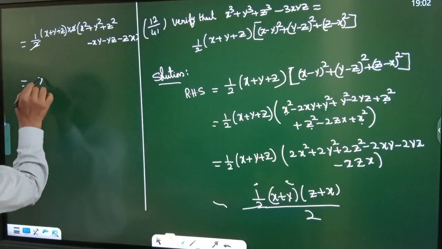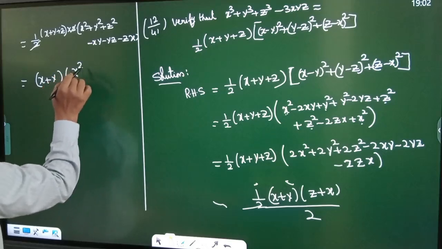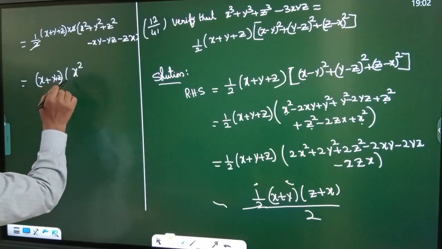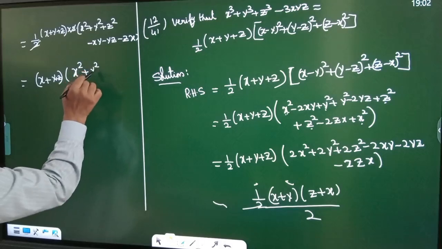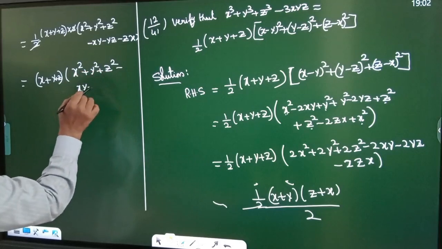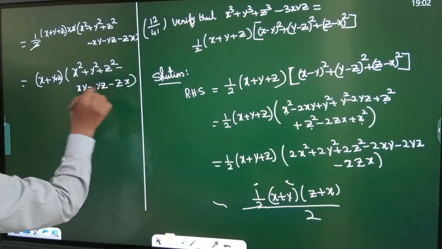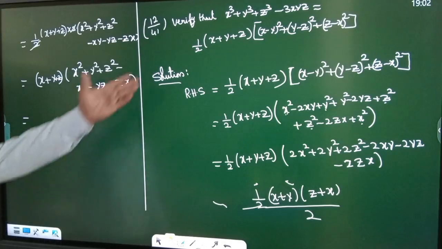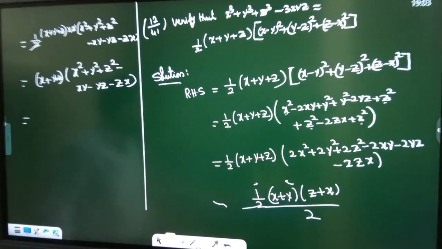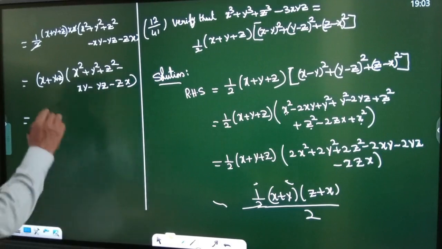So that is equal to x plus y plus z into x square plus y square plus z square minus xy minus yz. So already we know this is equal to the left hand side. So this is proved. LHS is equal to RHS is proved.